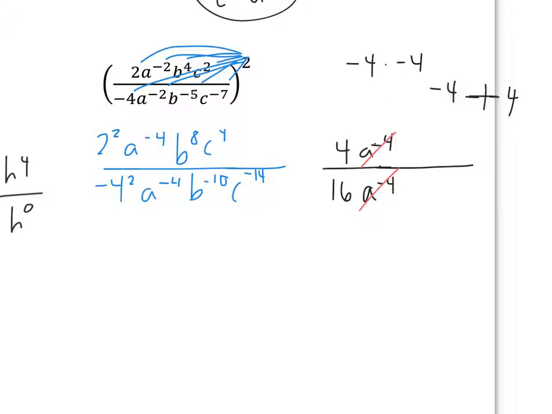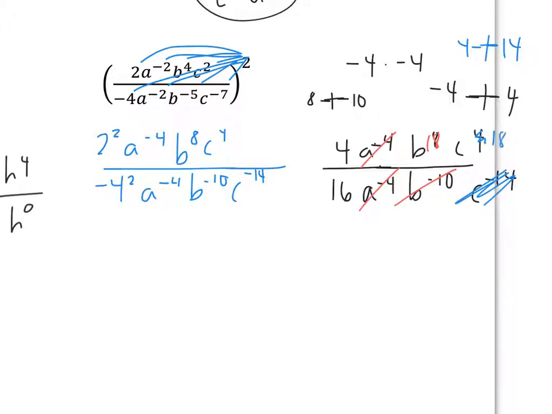Okay, I have b to the 8th and b to the negative 10th, right? So I have 8 minus negative 10, chop chop, plus, means that I will really have 18 here in the numerator, on the top. Okay, c to the 4th over c to the negative 14th, I will have here 4 minus negative 14, chop chop, plus, so this really turns into an 18.